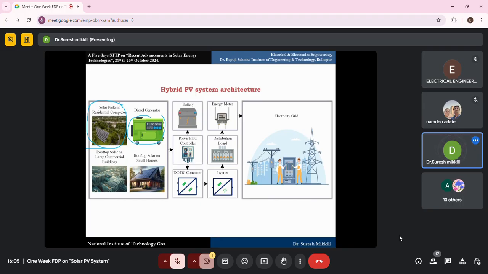So if you say hybrid PV system, here we are considering integration of solar parks, integration of building rooftop PV systems, and integration of DGs. Then we will connect to the grid.